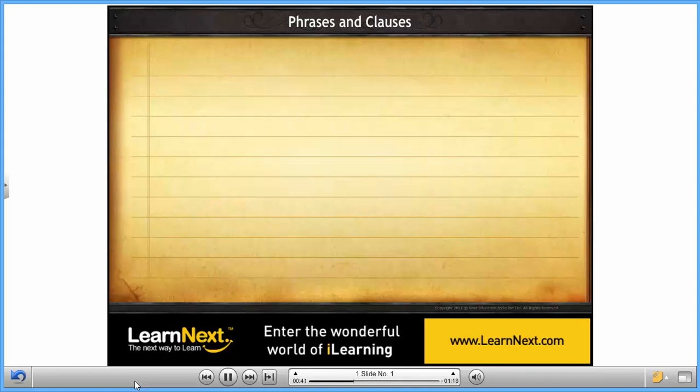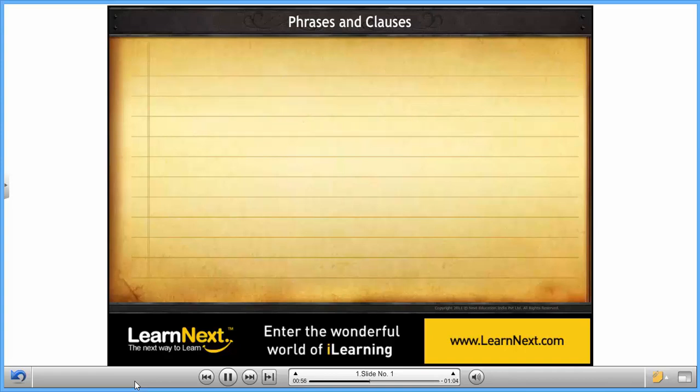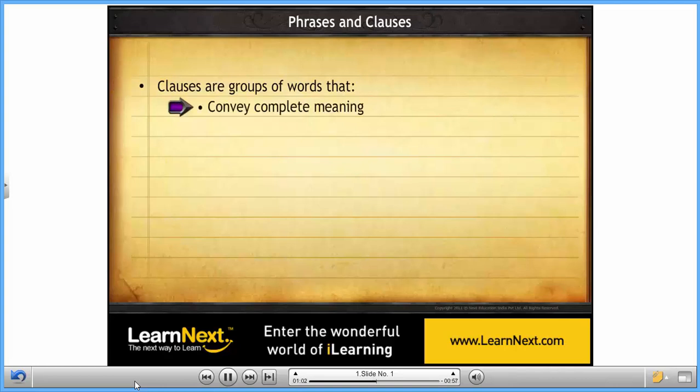In earlier classes, we have learned that phrases are groups of words that convey incomplete meaning. We have also learned that phrases do not have their own subject and predicate. On the other hand, clauses are groups of words that convey complete meaning. Clauses have their own subject and predicate.